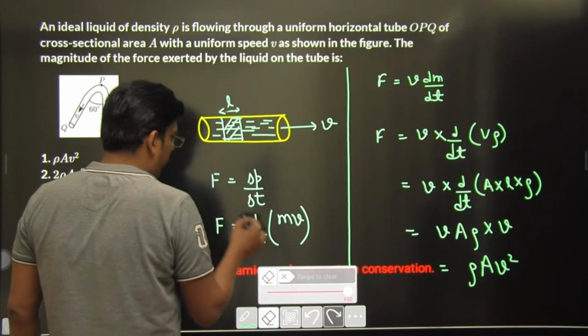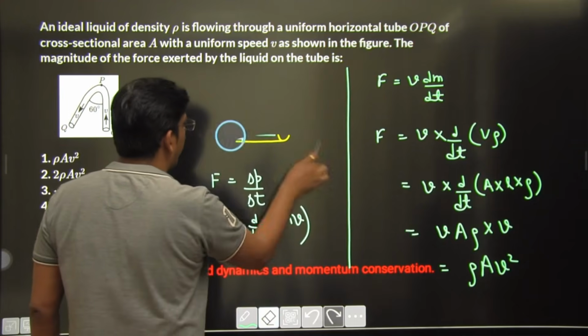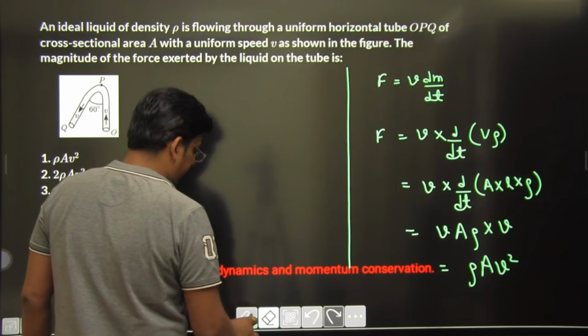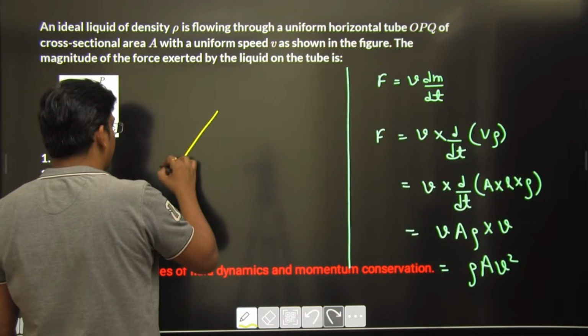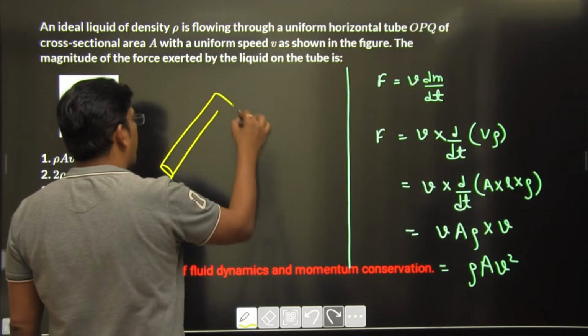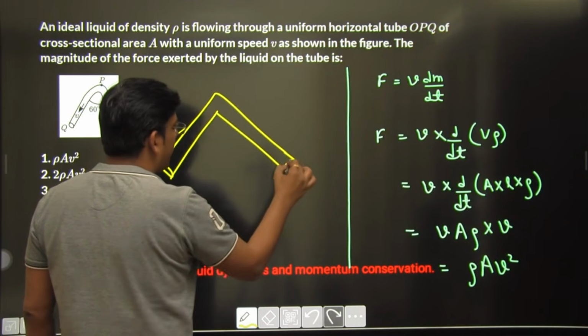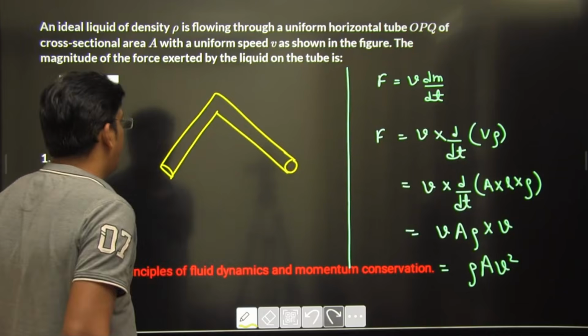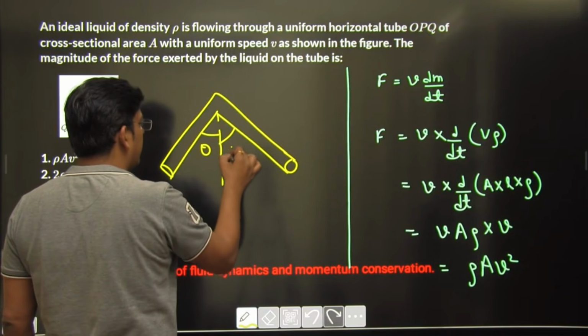Dear students, kindly note down. If you have a tube like this, obviously it is a horizontal tube, not a vertical tube, it is kept on the table, and let this angle be theta, and this angle is again theta.